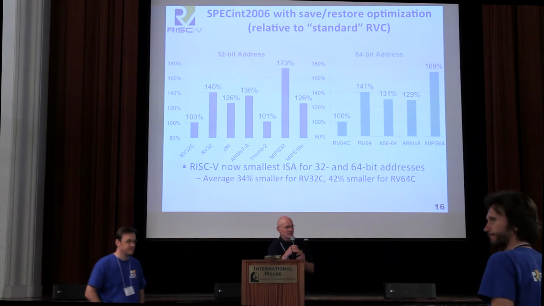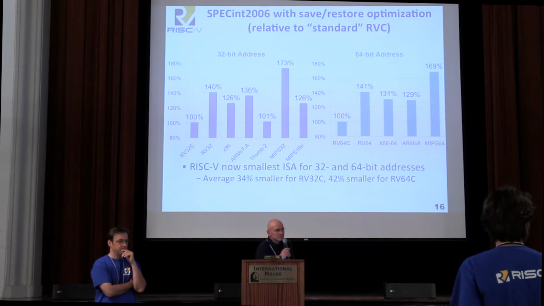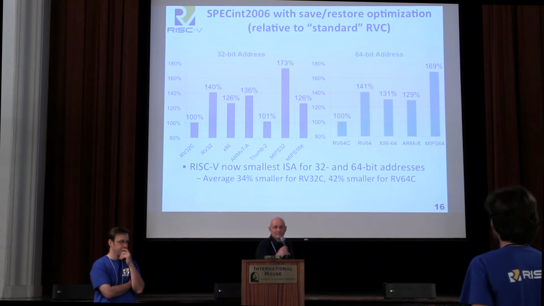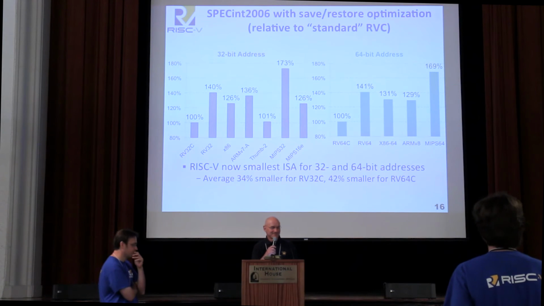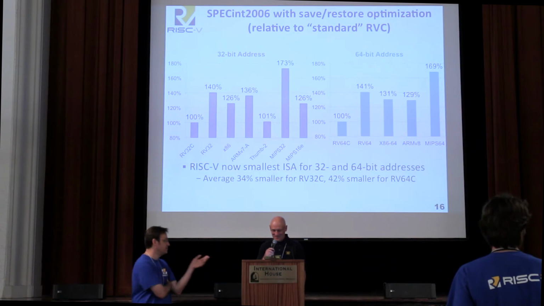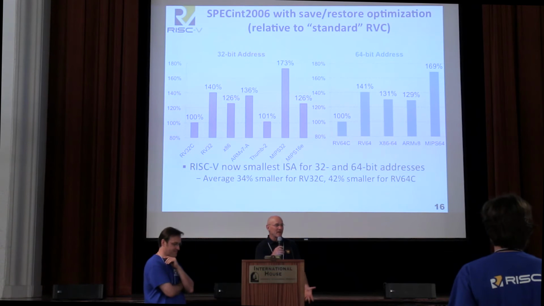I'm wondering, David, if it wouldn't be a better idea to make C mandatory, because it's a disadvantage otherwise. And did you check how big the overhead is to do it in the decoder? Let me give the philosophical answer. I think this is the type of thing why we want to have a RISC-V foundation, right?